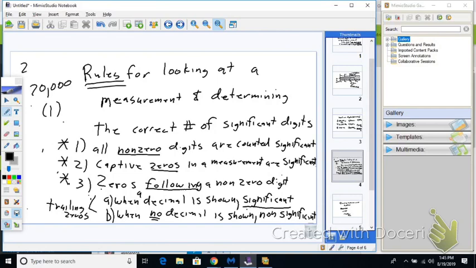If we have 20 million, one significant digit. If we have 44,000, we have two significant digits. So if we don't have a decimal and they're trailing, they're always assumed to be estimated zeros, and they are non-significant digits.